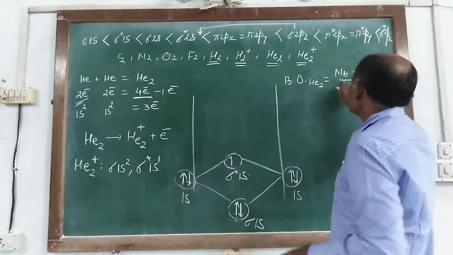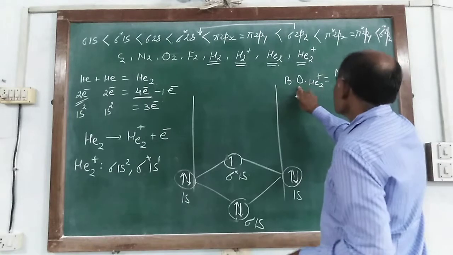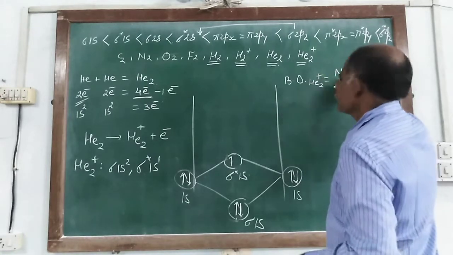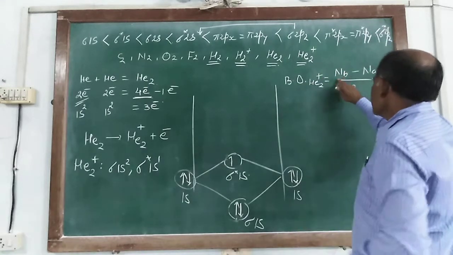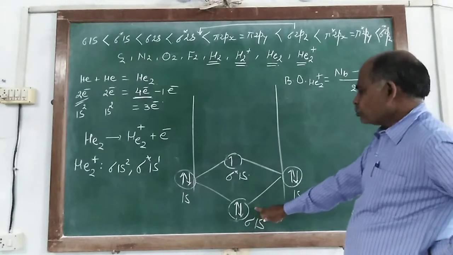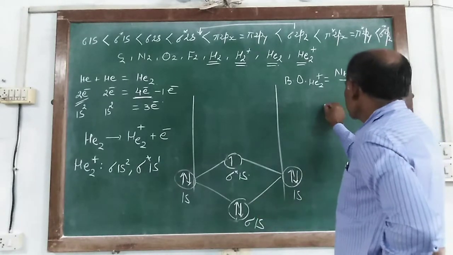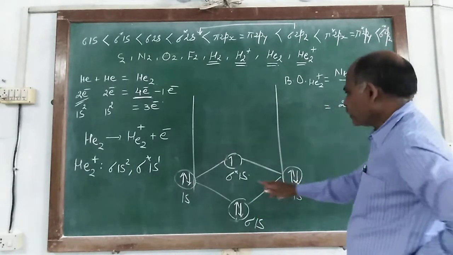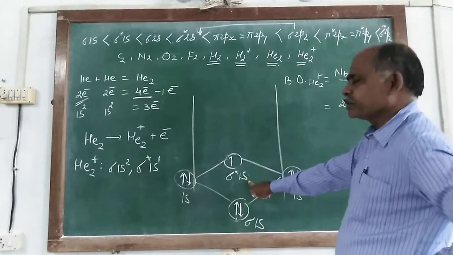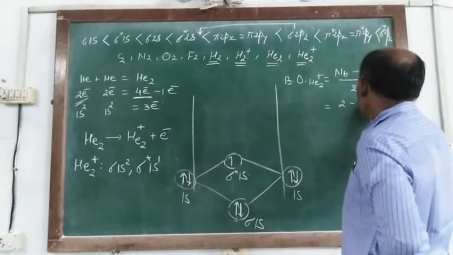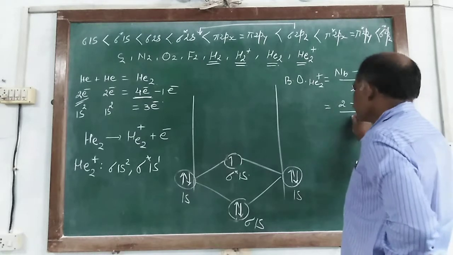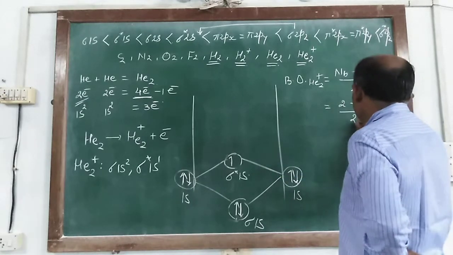The number of electrons in the bonding molecular orbital is 2, minus the number in the anti-bonding molecular orbital, which is 1, divided by 2.